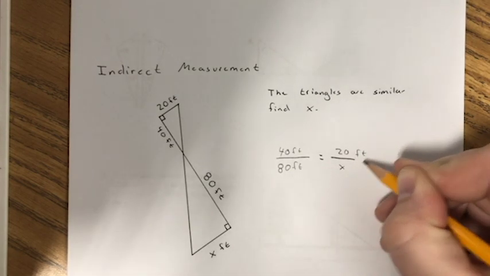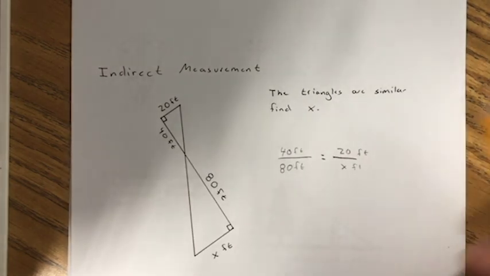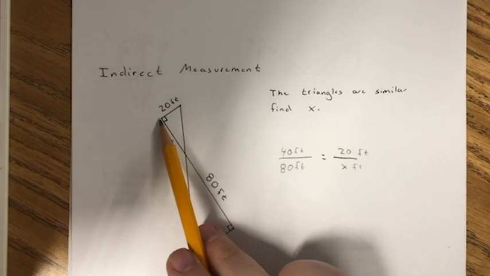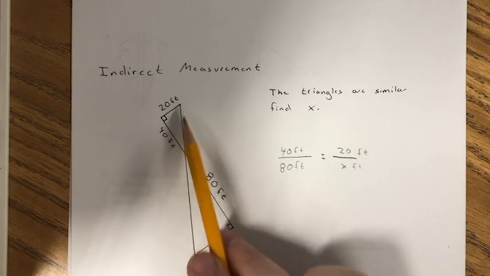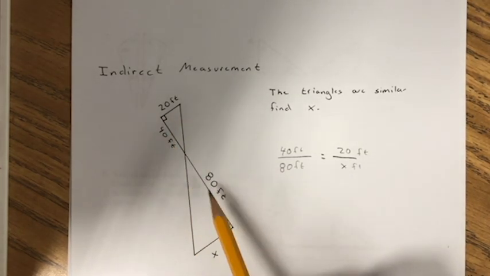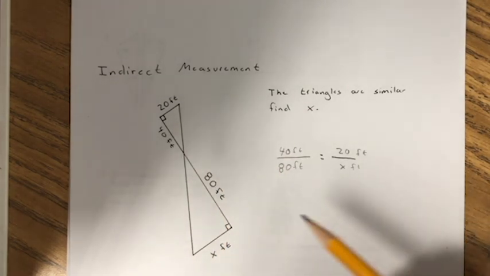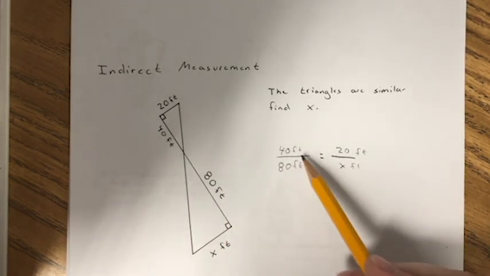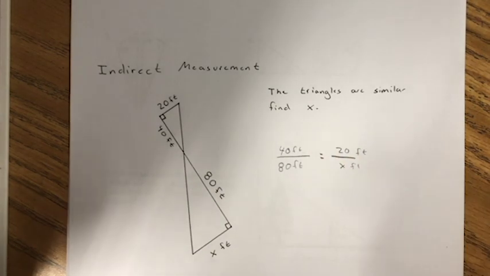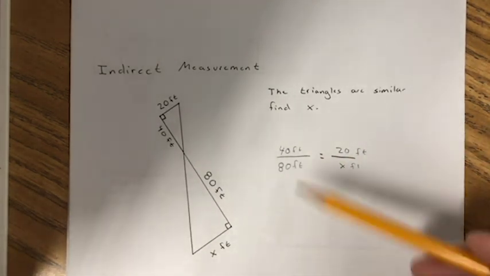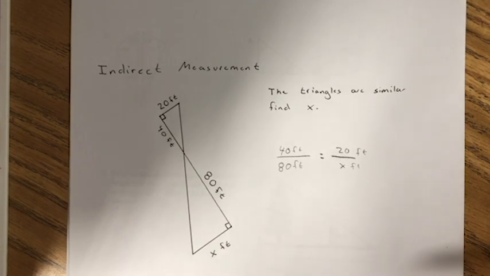And here's the reason why we do that. This is the long side of my smaller triangle, this is the long side of my larger triangle. So we put those together in our proportion. The small over the big. It's okay, we could have done it the opposite way, but it's just easier to do small over big.